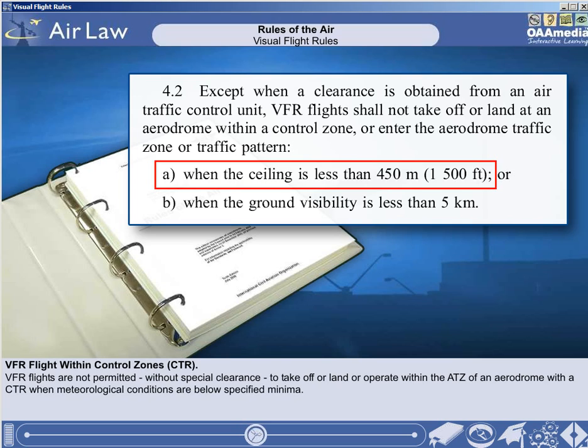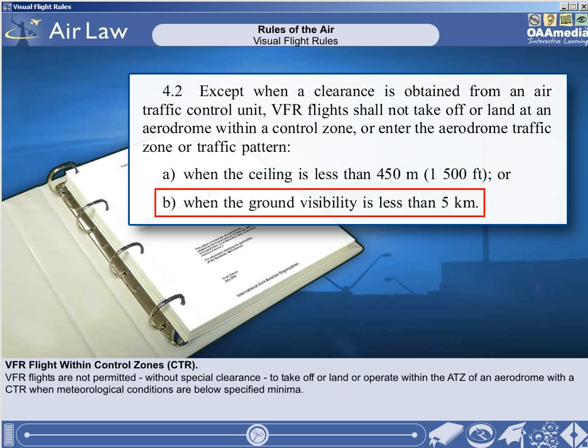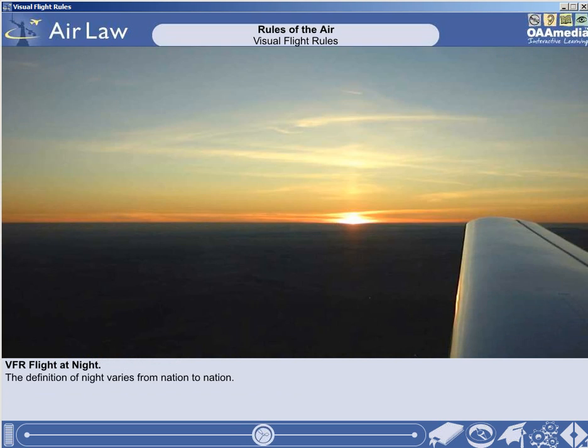Those weather minima stipulate that the cloud ceiling must not be less than 1,500 feet, and the ground visibility must not be less than 5 kilometers.